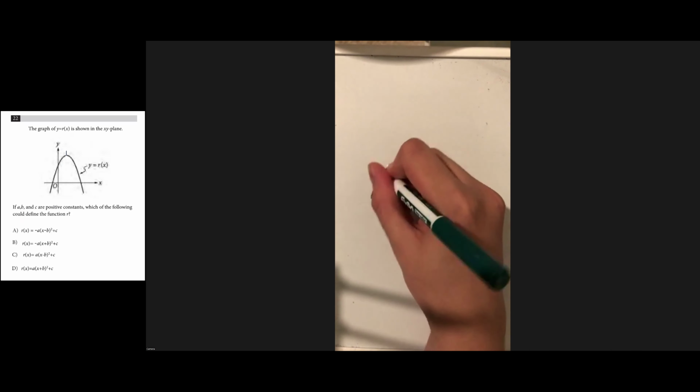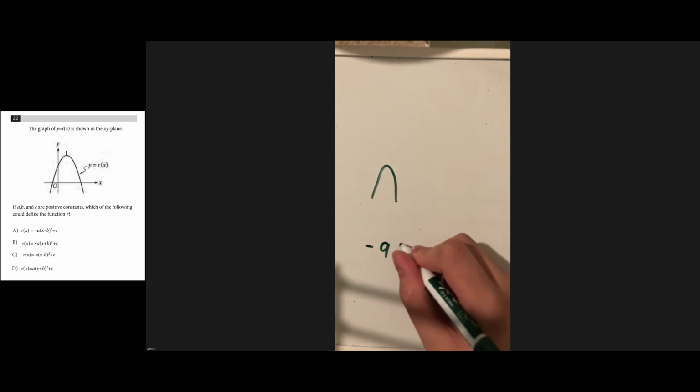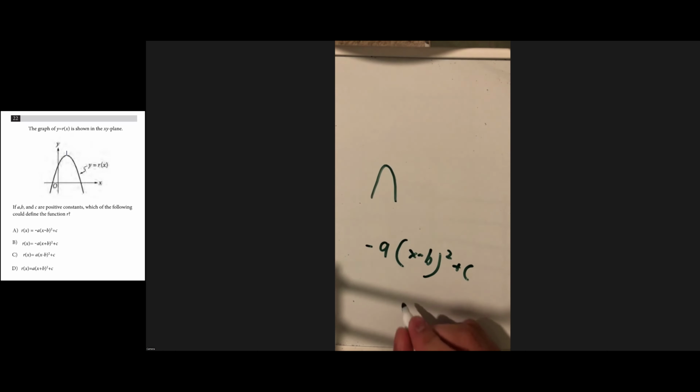And so since the curve is opening down, we have a negative a value. We still have the x minus b squared, and we still have a positive c value. Or, well, we don't know what c is, but it could be positive or negative. But generally it's written plus c. And so the correct answer is answer choice A, negative a, x minus b squared, plus c.